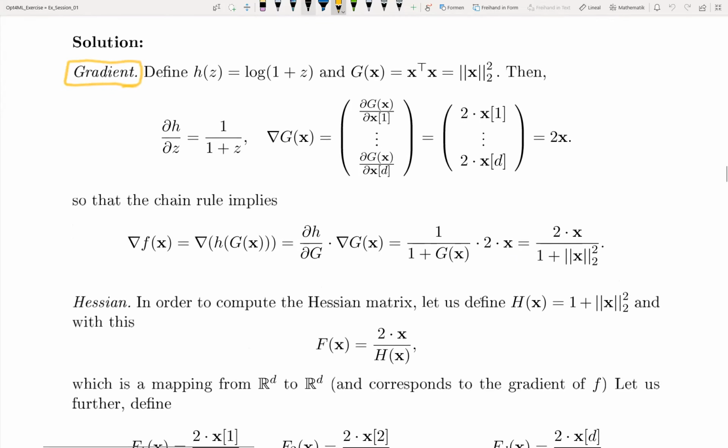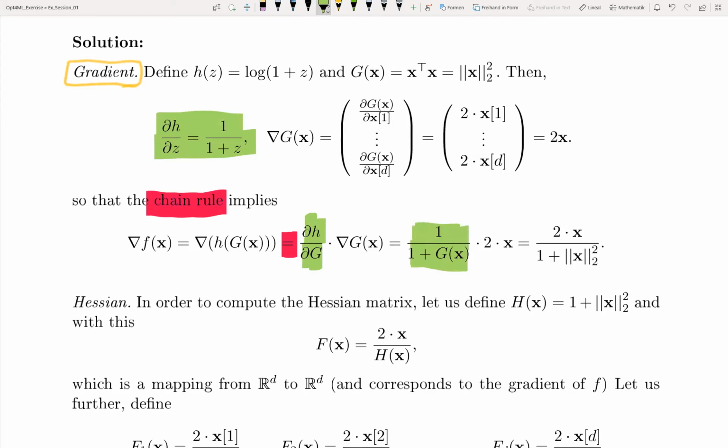What we use then is the chain rule again. We have our chain rule structure here. We have the derivative of the outer function, where we plug in the inner function for the z.